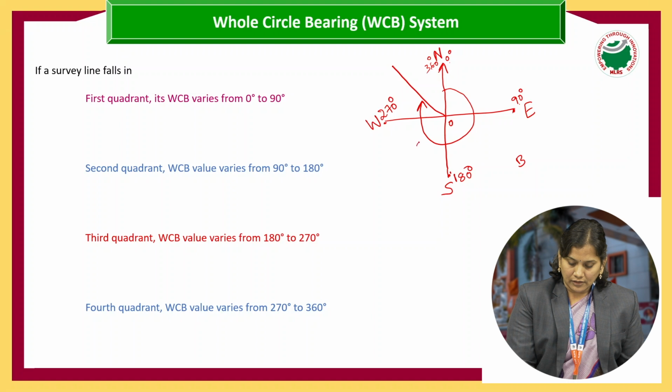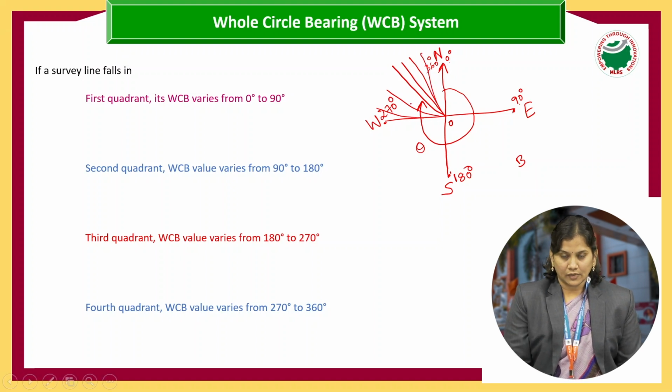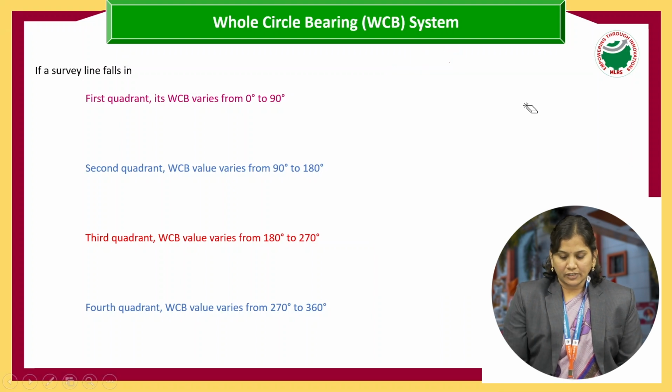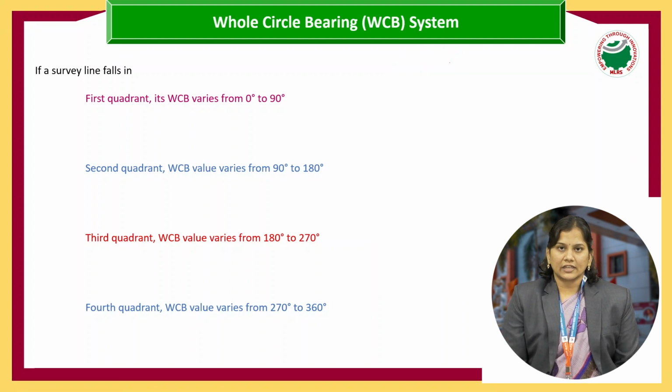So this theta ranges between 270 to 360 degrees, which means our survey line may be anywhere in between this quadrant. Okay, I hope this is clear. You should remember that whenever we are considering whole circle bearing, we are measuring the angle or the bearing from north towards our survey line in clockwise direction only.